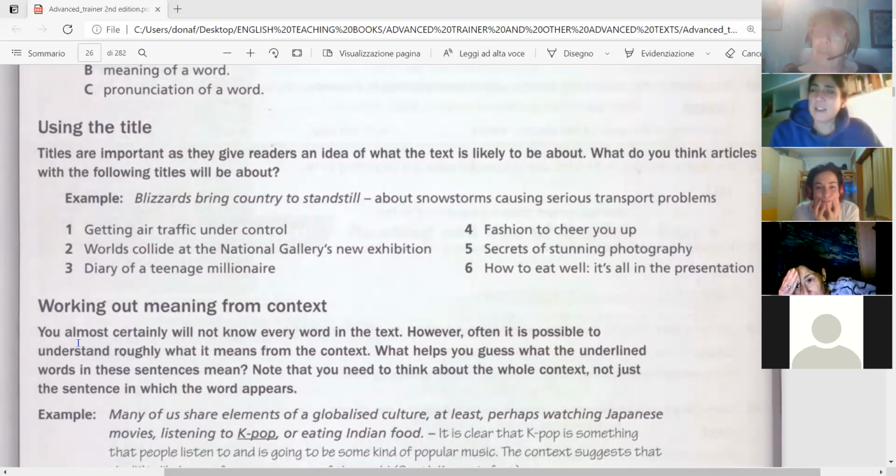So we are expected to read something from her or his voice directly, like a biography. Because if we say diary, it's probably just told by the involved person. Okay. And what about fashion to cheer you up?